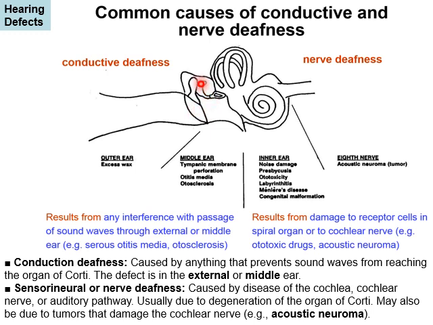If there is inflammation of the middle ear cavity as in otitis media, it will also cause conductive deafness. And if there is deposition of calcium around the oval window, around the stapes here, that is a condition called otosclerosis. It occurs in the elderly, and it will also cause conductive deafness. So these are the causes of conductive deafness.